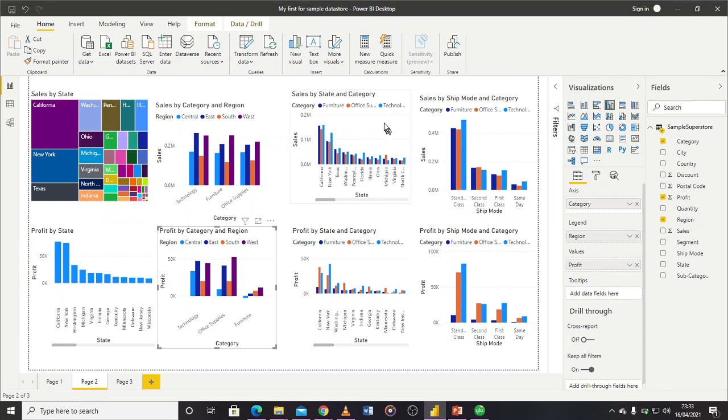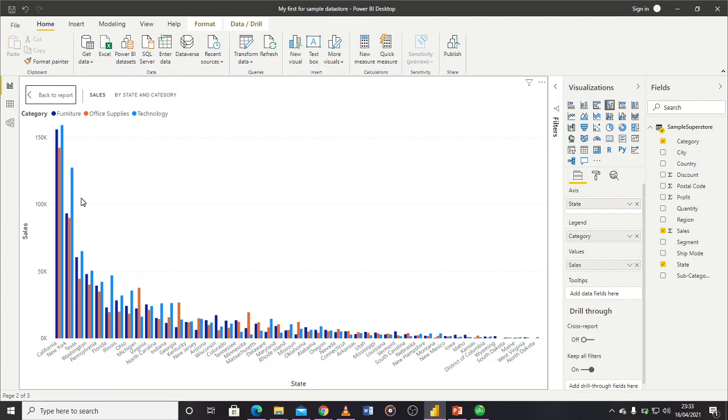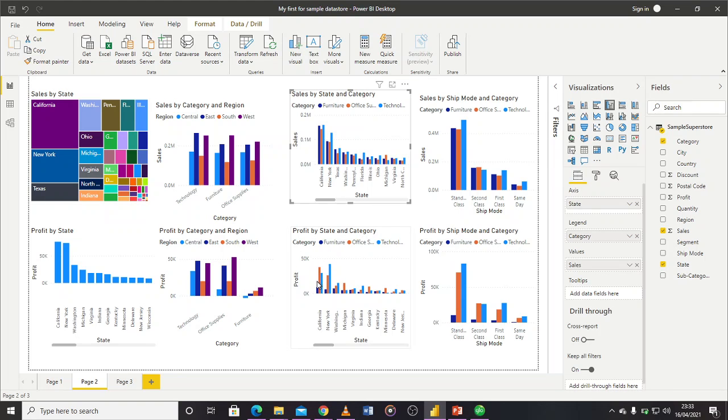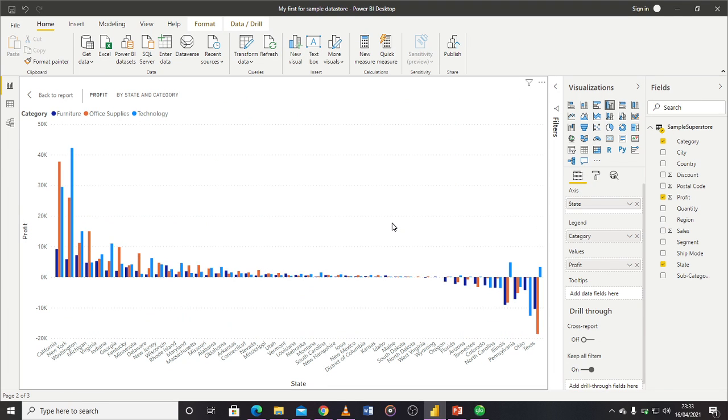If you look at sales by state and category, the highest for furniture, office supplies, and technology is California, and the lowest is North Dakota. Looking at the profits, California is also the highest for all categories, and there are states where negative profits are being made, like Illinois, Texas, and Ohio.